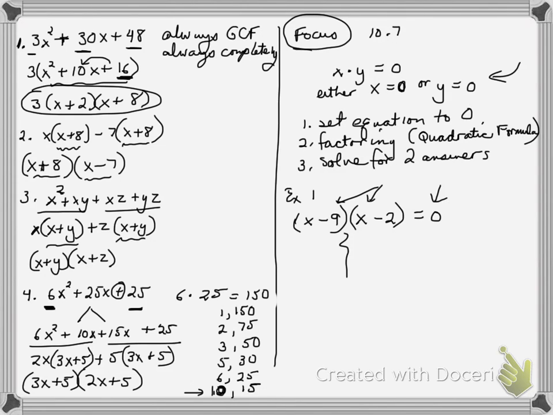So all I have to do is solve twice. Either the first binomial will equal 0 or the second binomial equals 0. Solving each for x, I'm going to get either x equals 9 or x equals 2.